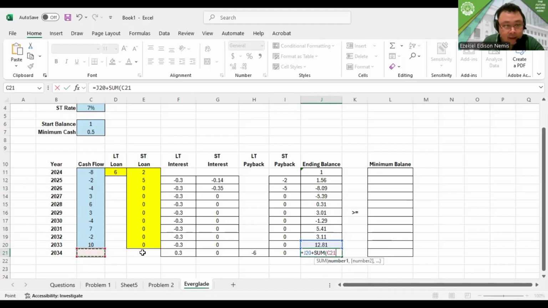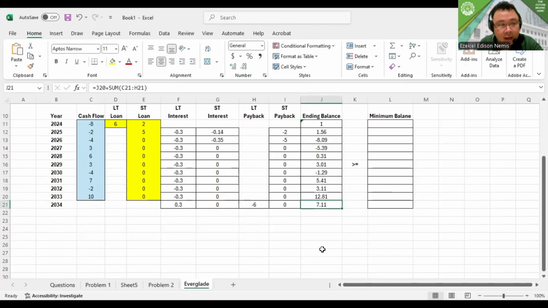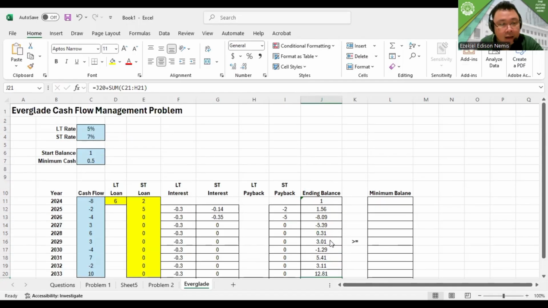Let us highlight the data here, up to here, then close parenthesis, enter. Okay, yung sa nagkamali. Wait lang ha, guys. Tama naman yung data. Wait lang. Tama naman.